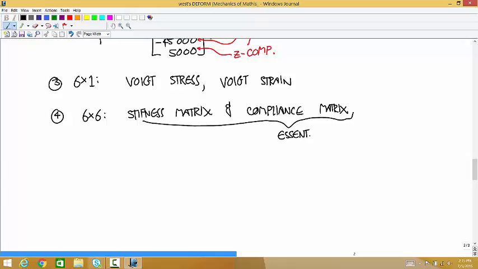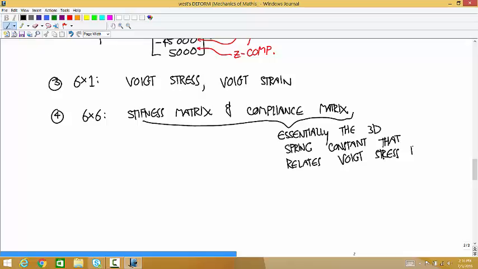This is essentially the 3D spring constant that relates the Voigt stress to the Voigt strain.